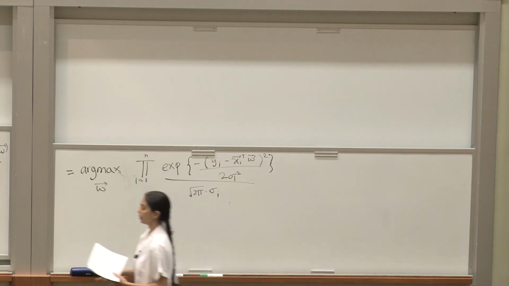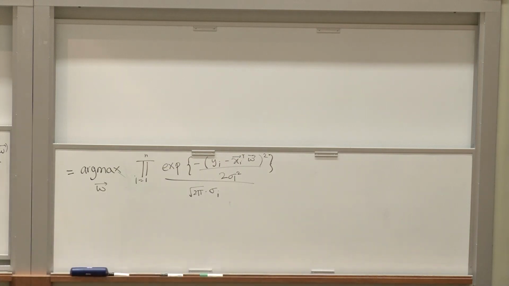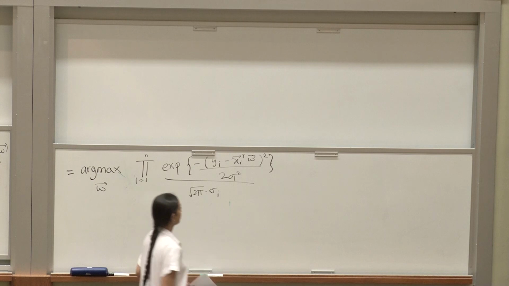And now I have to deal with the density of this W. But what do we know about W? What is the prior on W? Do we have an expression for it from our model? This is just the multivariate Gaussian density.